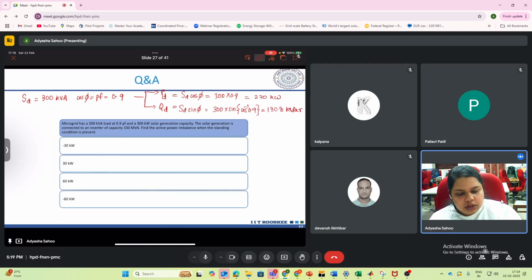Now coming to the generation side. So you have been given that solar generation PG is 300 kilowatt, this one. And then you have an inverter with a capacity of 330 kVA. So you have SG as 330 kVA.